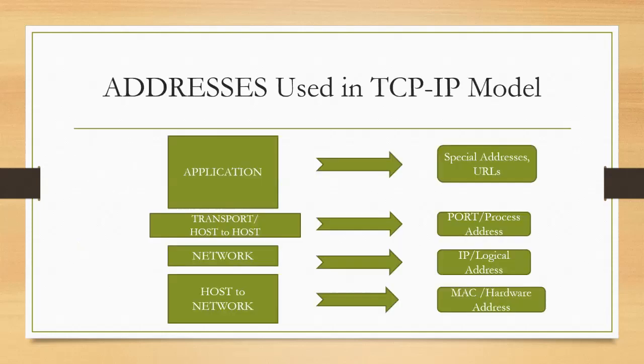Now we will discuss why the MAC address is called the physical address. The MAC address of your machine is linked with the NIC, that is, the Network Interface Card. If your machine doesn't have a NIC, your machine cannot be connected to the LAN.